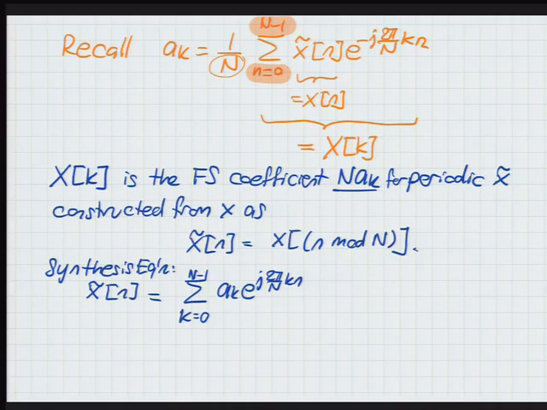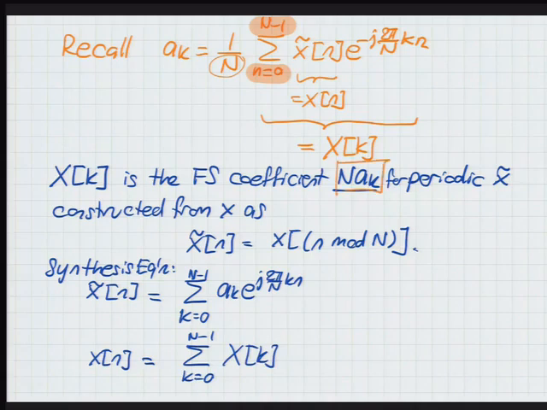Okay, so then this should give us a way to obtain x, little x of n, from X of k. What should be the relation? Well, remember, N times a_k is X of k.